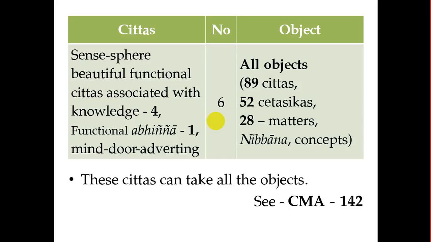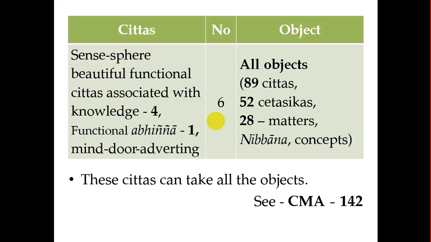Therefore, functional abhinna can also take all objects. And here, the four functional Chetas also arise in the minds of the Arahant and the Buddha, so these mental states can take all objects.